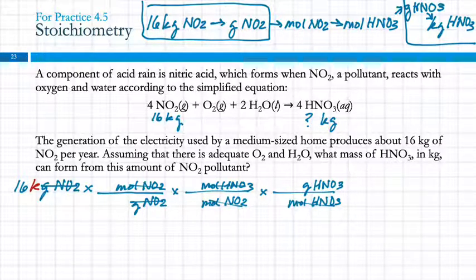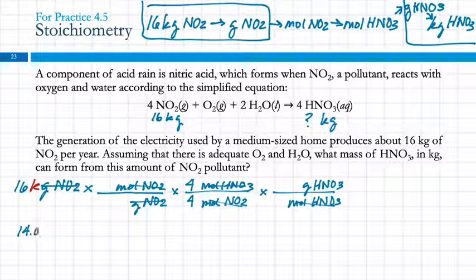Okay, so moles in the middle here. HNO3 has a 4 in front of it, so I'm going to put a 4 in front of HNO3. And NO2 also has a 4 in front of it, so I'm going to put a 4 there. Then I need a molar mass of NO2.